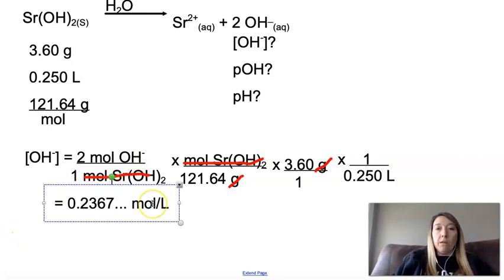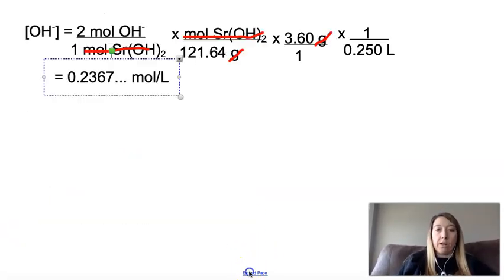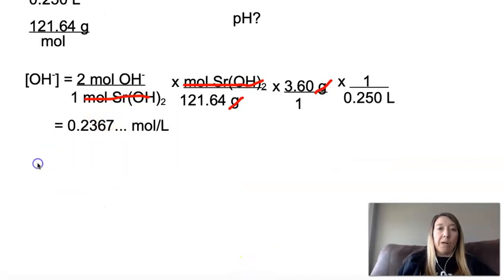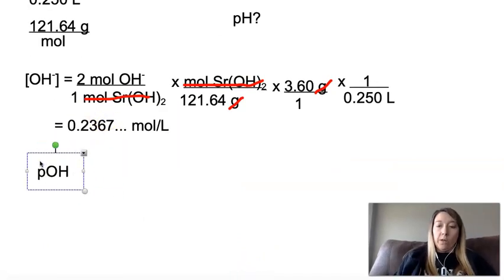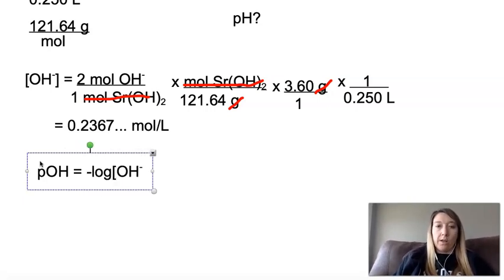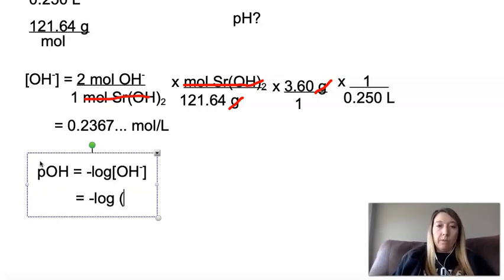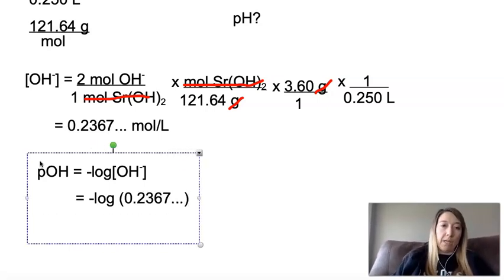Okay, so from here, now that we have that hydroxide ion concentration, we can go about calculating the pOH, right? Because we said pOH is negative log concentration of hydroxide. So we can do our negative log. Use your answer button on your calculator for this one, right? Because it is a pretty big number.